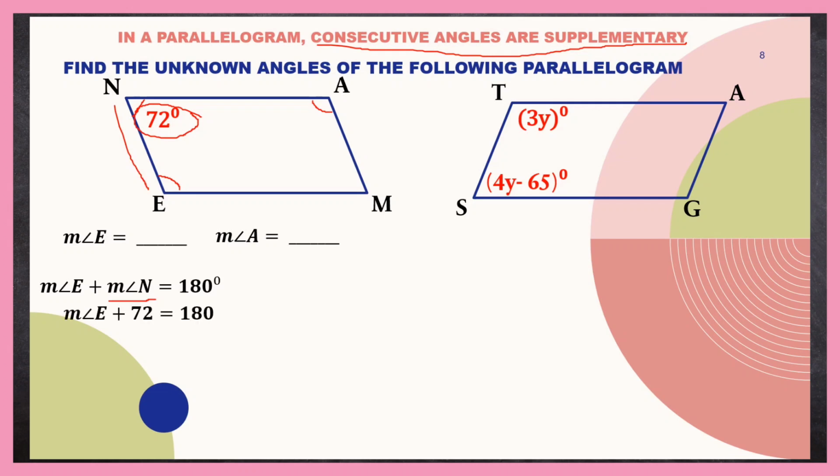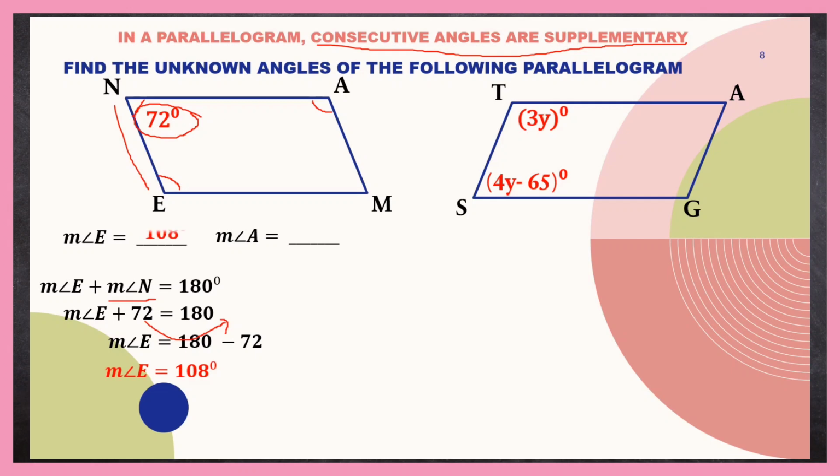So we have the measure of angle E plus 72 degrees is equal to 180 degrees. Then we will transpose positive 72 to the right side of the equation, so it becomes negative. So 180 minus 72, and that is the measure of angle E, which is 108 degrees.